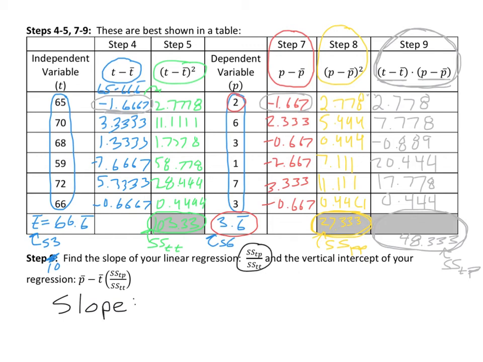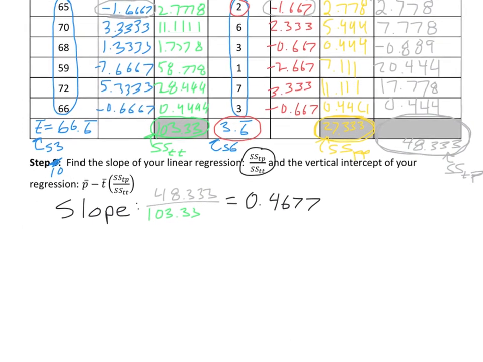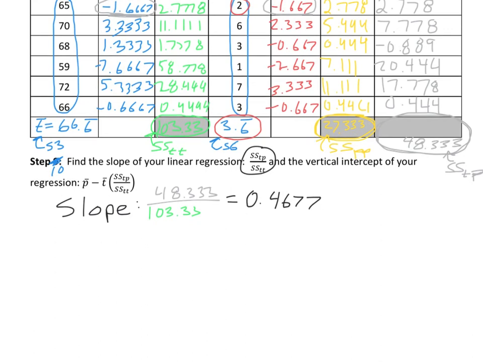I'm supposed to do the SSTP, which was the gray value that I got, the 48.333 number, and divide it by SSTT, which was my green number. Okay, so 103.33. When I do that, I'm getting that this is 0.4677. Okay? This is the slope of my regression line. In other words, for those of you that want to hear this, in y equals mx plus b, this is the m.